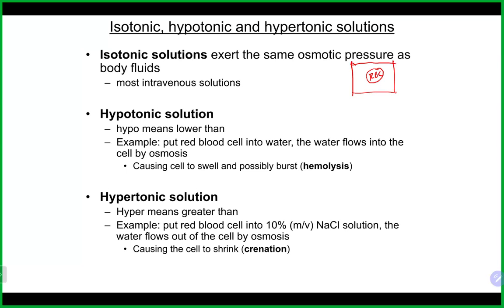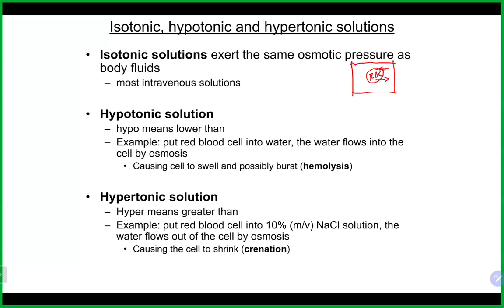And the red blood cell is like a semi-permeable membrane. It's going to allow things to flow in and out of the cell. And what you're going to have is nice, equal flowing in and out of the cell. Nothing bad is going to happen in that particular situation.